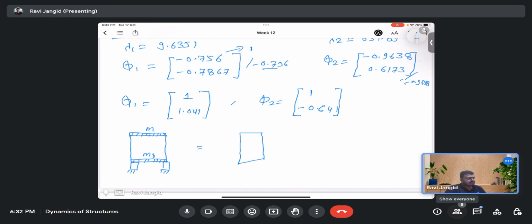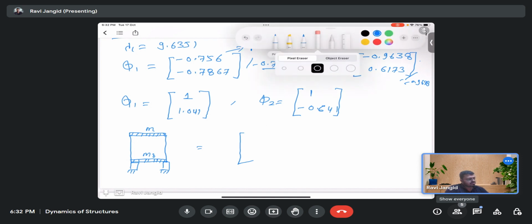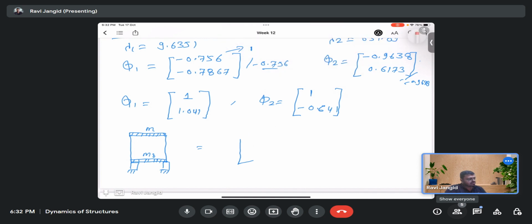So that is 1.041, that is 1. So that is 1.0, 1.041, with T1 equal to 2.024.